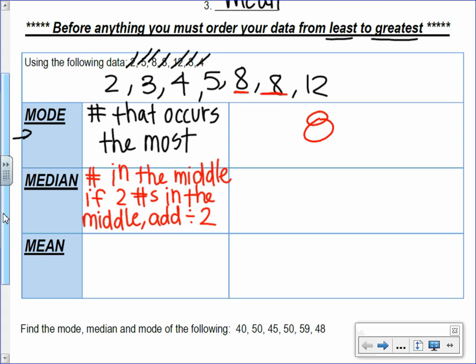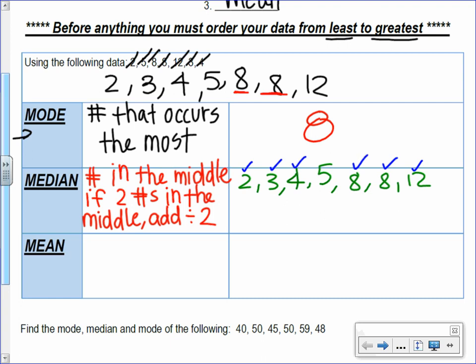Now remember, your numbers have to be ordered from least to greatest. So how I do this is I'm going to rewrite the data just so I keep the original data. And how I do it is I use little tick marks. So I just go 2 on this side, 12 on this side, 3 on this side, 8 on this side, 4 on this side, 8 on this side.